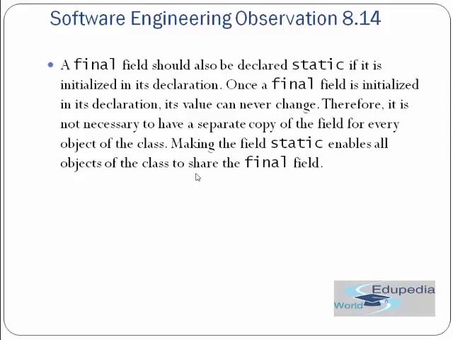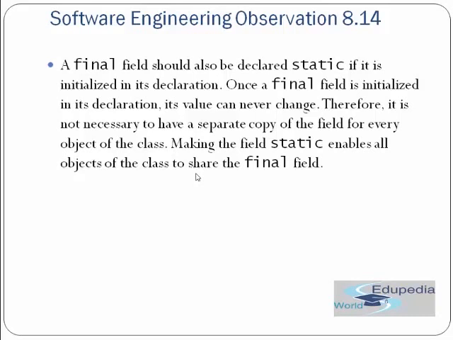You must have observed in a previous example where we initialized the value of final through a constructor. That's fine if the variable is just final. But if the variable is final and static, then you must initialize it at the time of declaration itself.